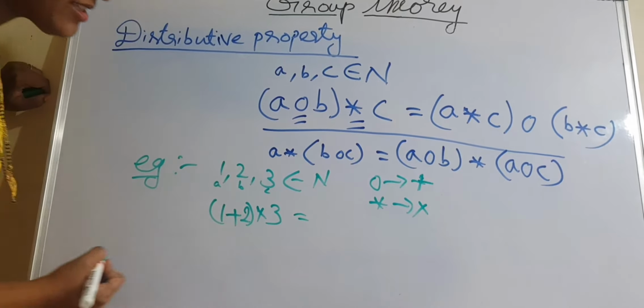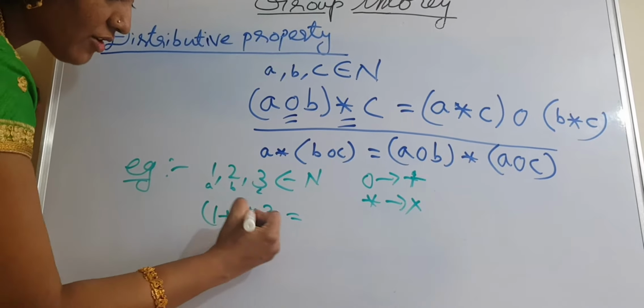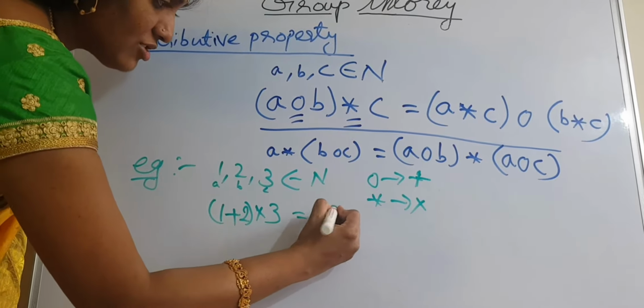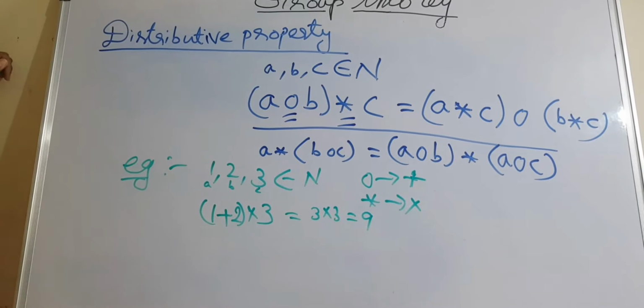A is 1, B is 2, C is 3. So we get 1 plus 2 is 3, into 3, 3 times 3 is 9.